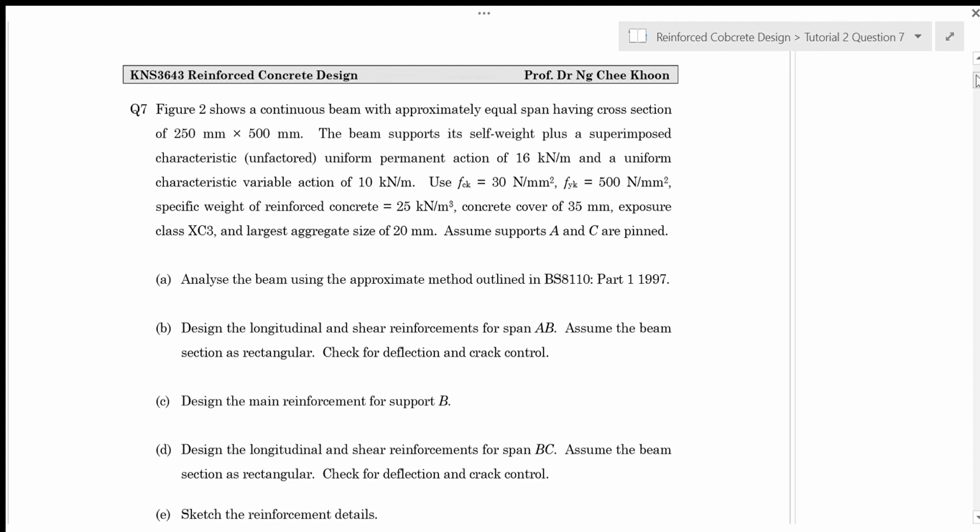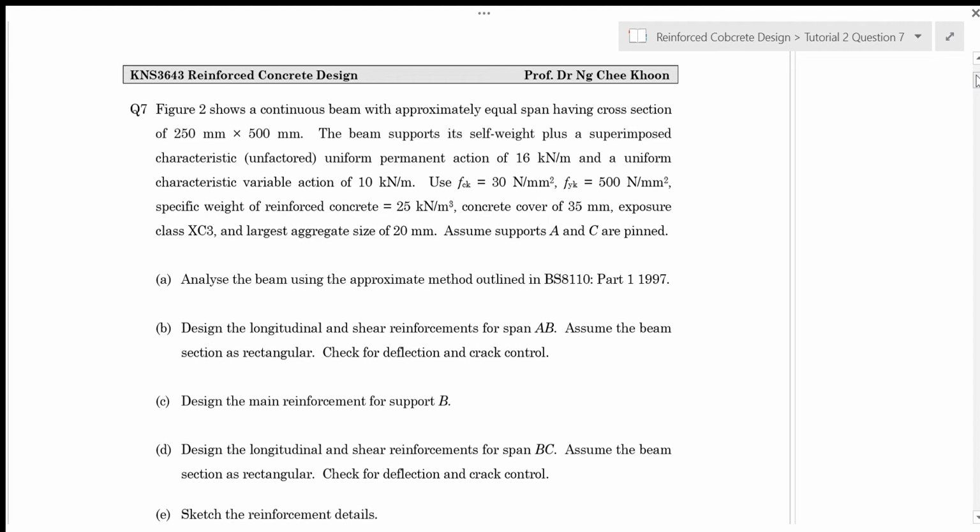From A to E, we have to analyze the beam using the approximate method outlined in BS 8110 Part 1, 1997. B. Design the longitudinal and shear reinforcements for span AB. Assume that the beam section is rectangular. After that, check for deflection and crack control.